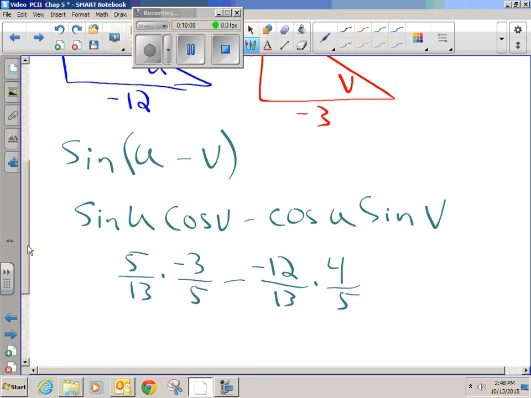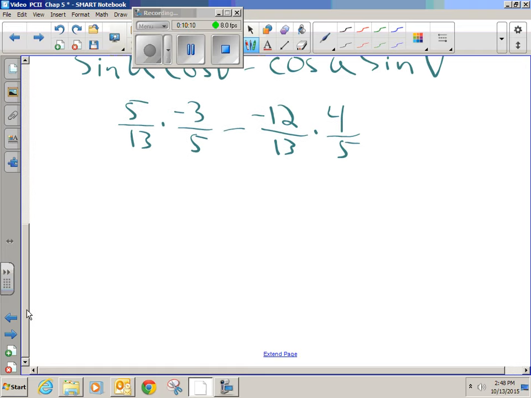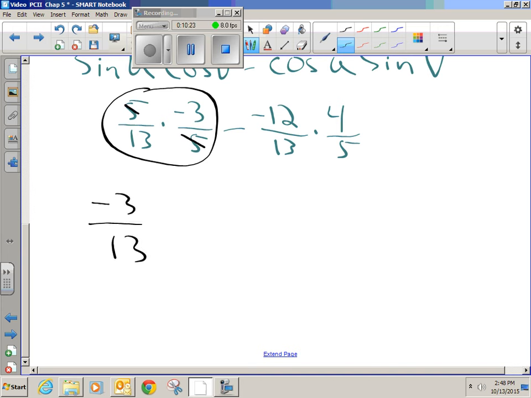Now we're going to, again, just go back and do some fraction work. Let's write this in black. Notice I have a negative fraction right here. I can cancel my 5s. It looks like I have negative 3/13. And now I have a minus minus right here, which becomes a plus. It doesn't look like I can cancel there at all. So I got 48/65.